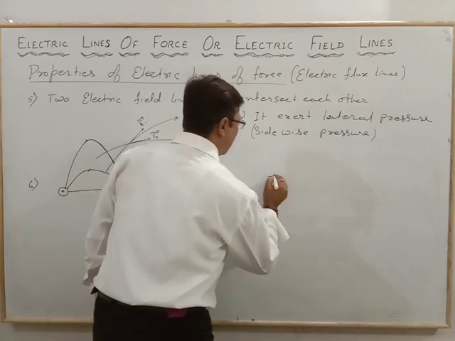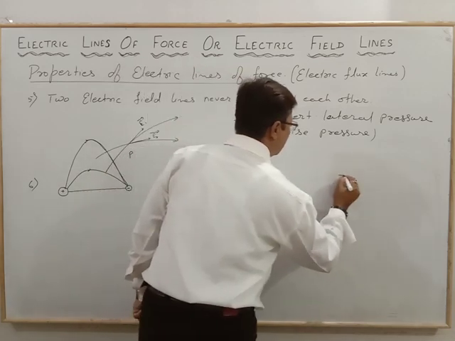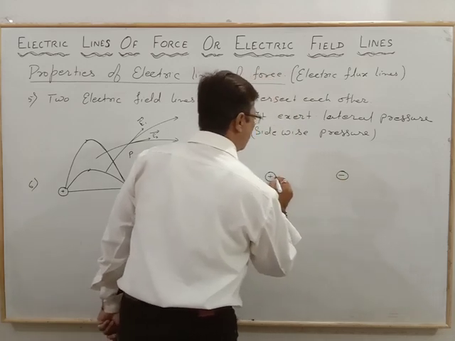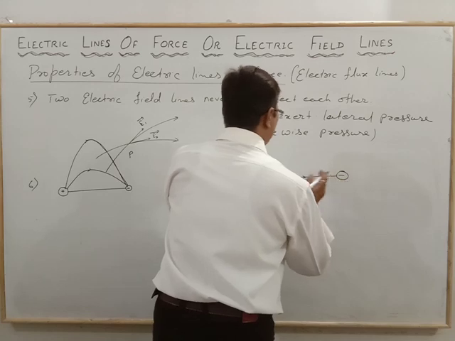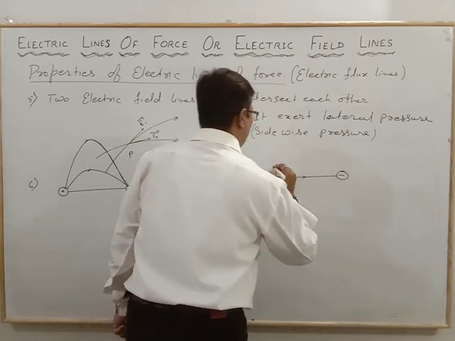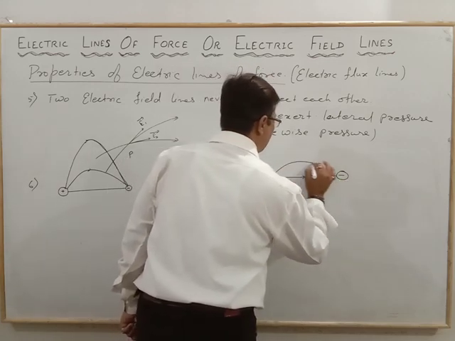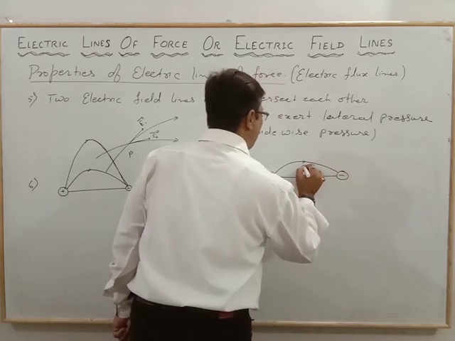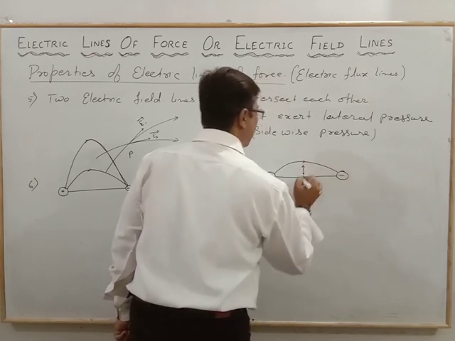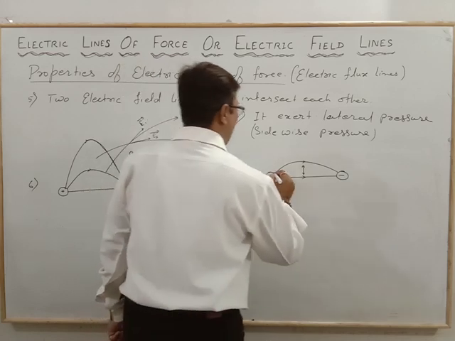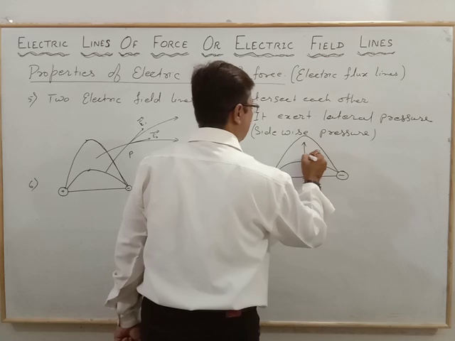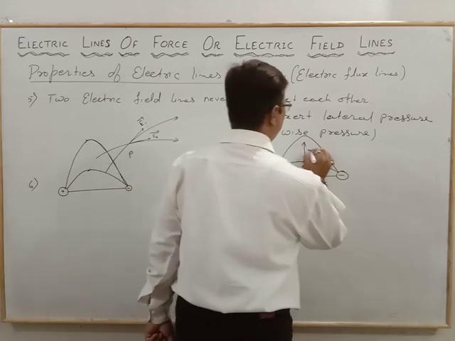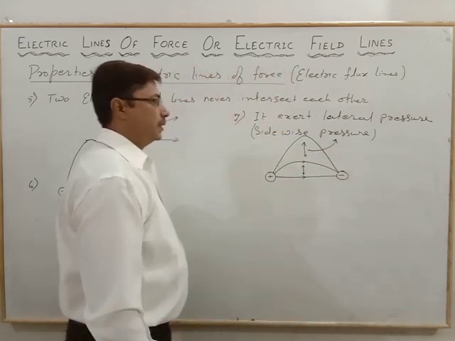Here this is the positive, this one is the negative. These field lines, lateral pressure means they will not meet, they will exert pressure on one another, and any lines never meet each other, and that is the lateral pressure, sidewise pressure.